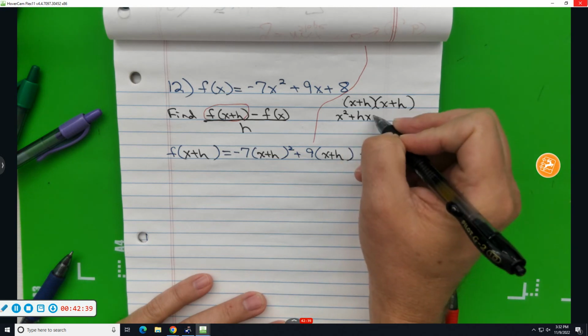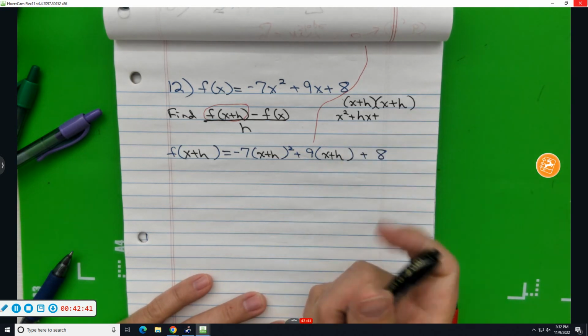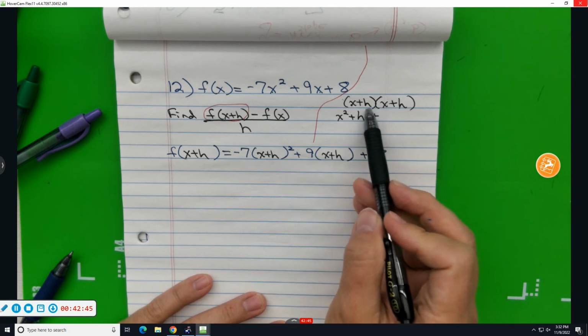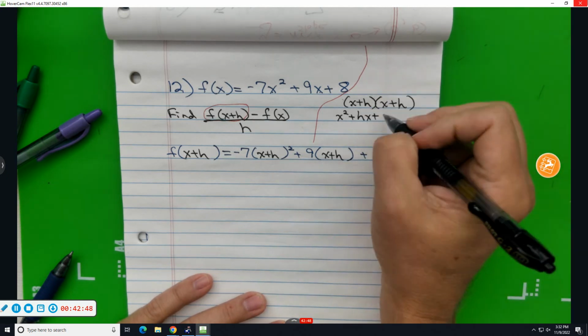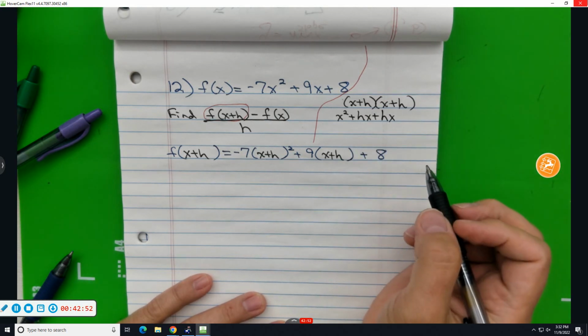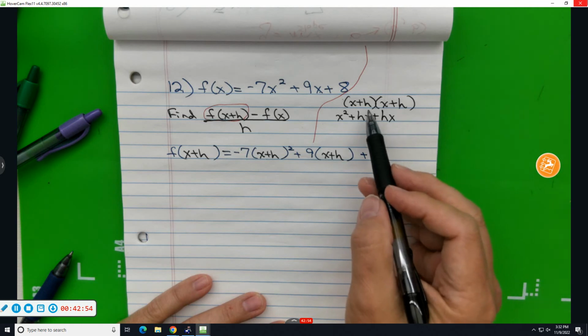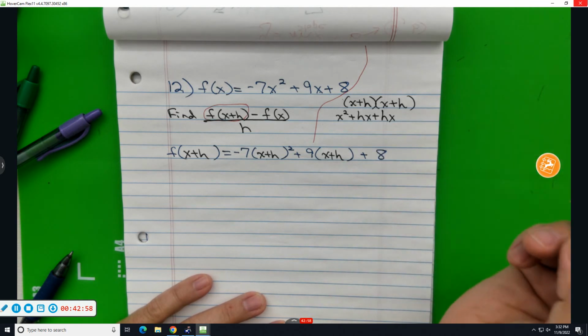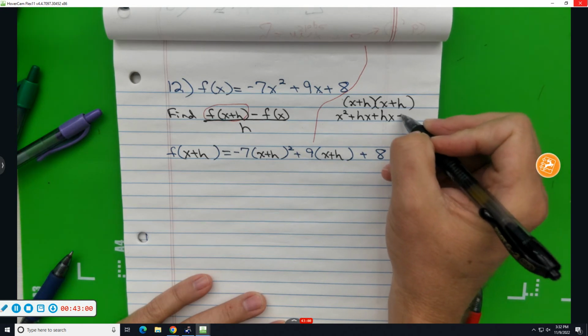You'll see why in a moment. Plus inner. What's the inner product going to be? H times x, another hx. By writing them in alphabetical order, you spot that they're like terms easier. And last, h times h. No, it's not 2h, h squared. That's right.